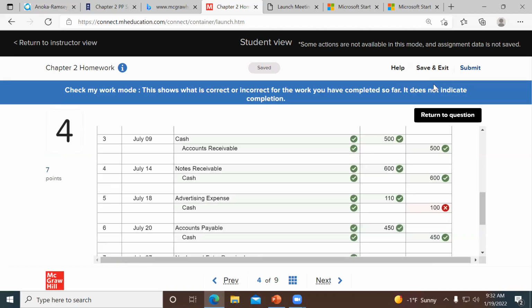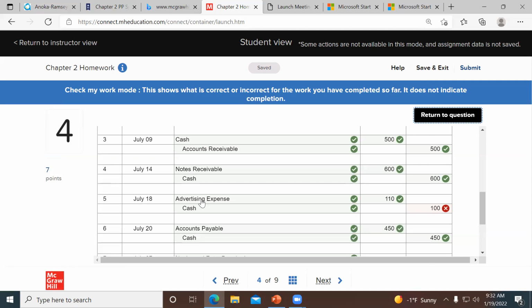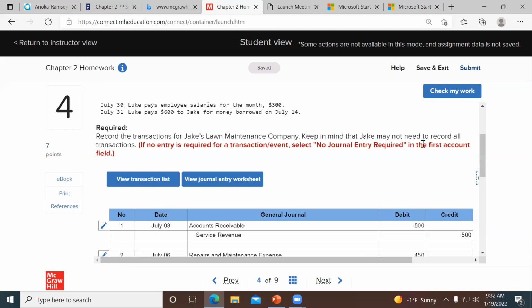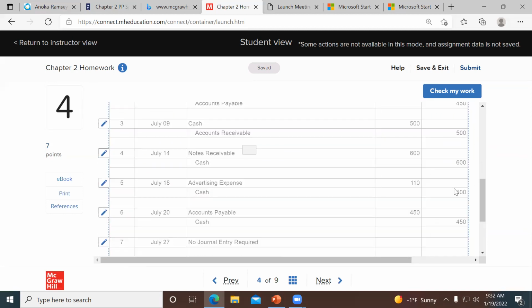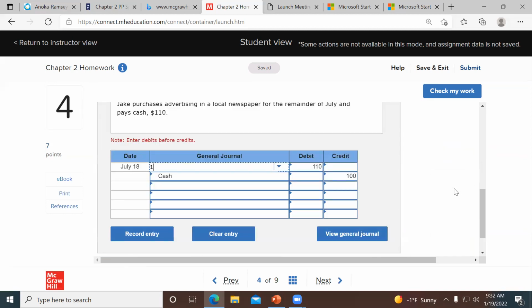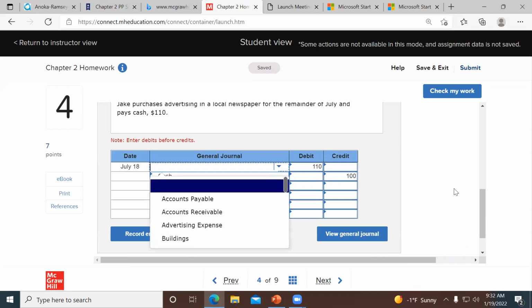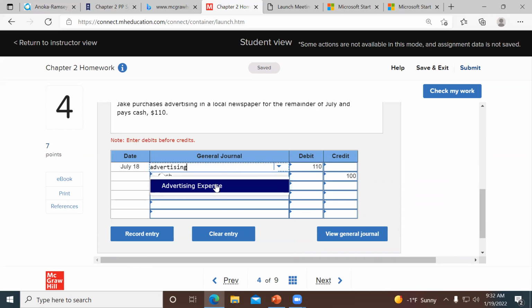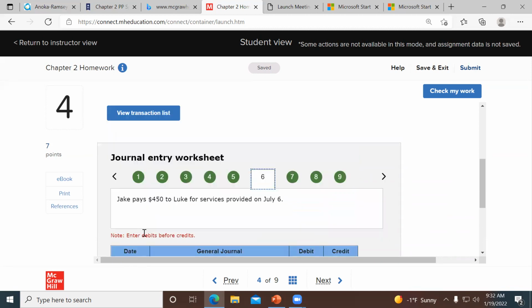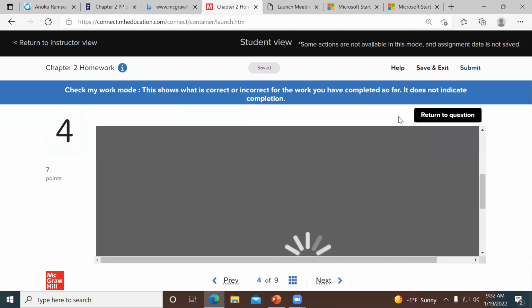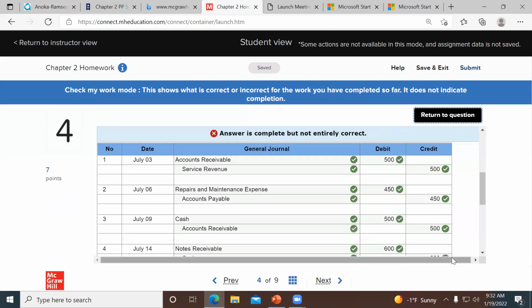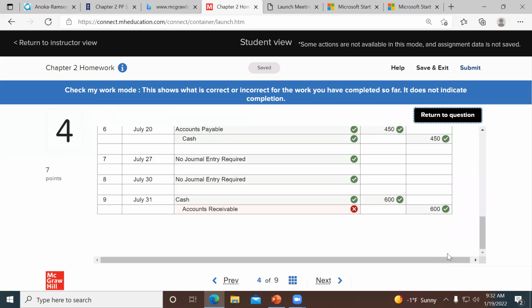So remember, what did I do wrong? Oh, because I have 100, not 110. Any questions, guys, on this? Do you see how you can check your work, make sure you have it all right? What did I do wrong here?